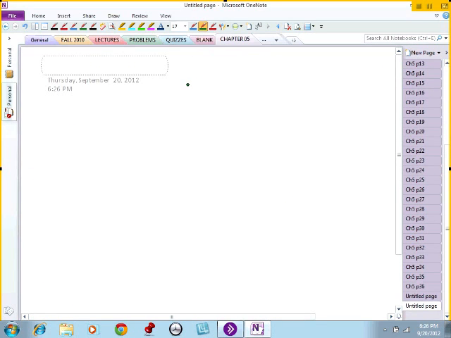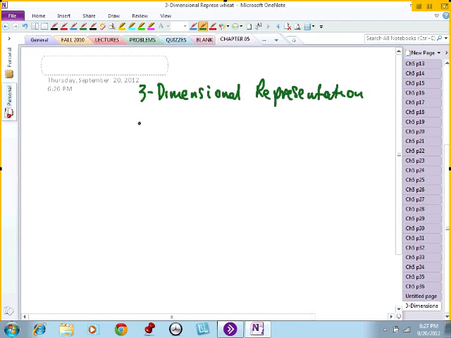Okay, so now let us show you how to represent organic molecules in three dimensions. So we're going to say three-dimensional representation of organic compounds.